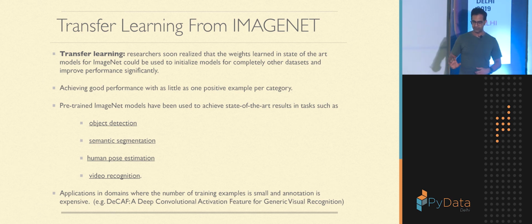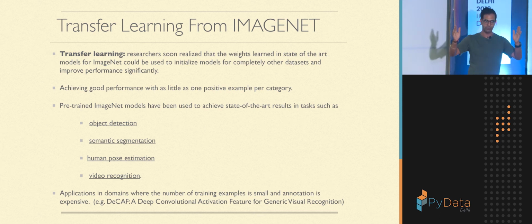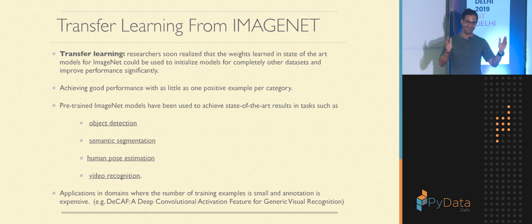You start from there, and now maybe you have a different task, maybe you want to do object detection. At least the parameter values that you have learned in the convolutional blocks, you keep the same.